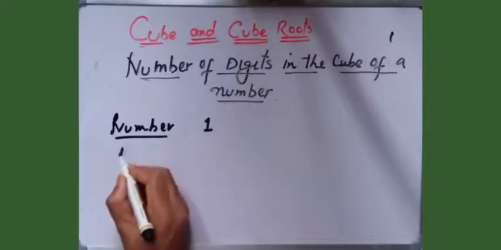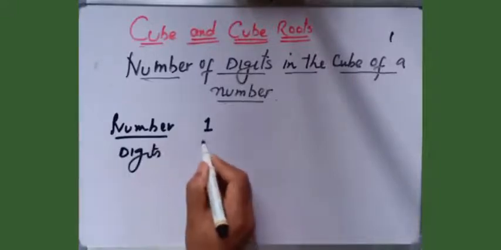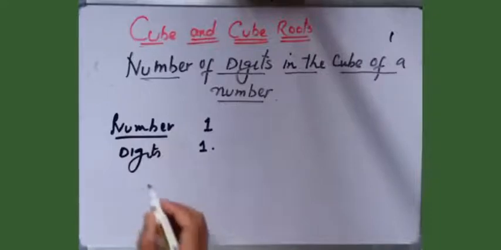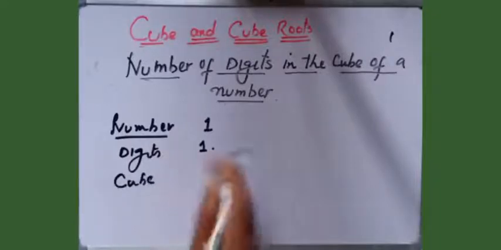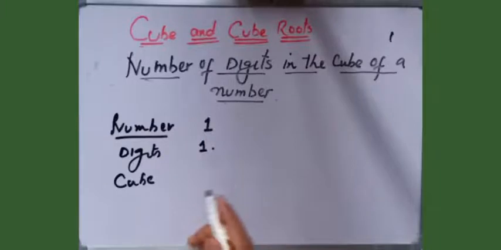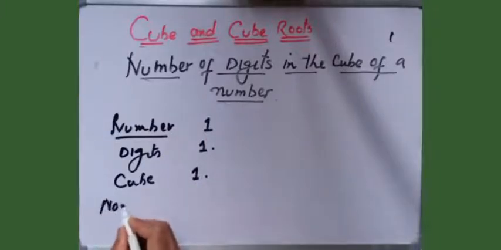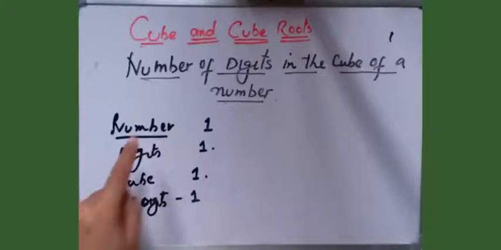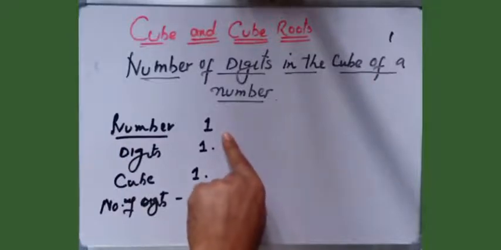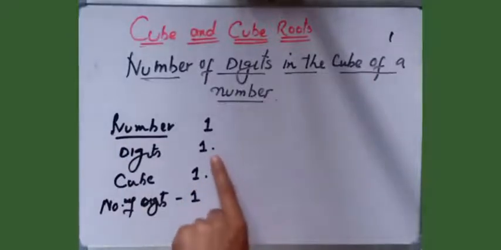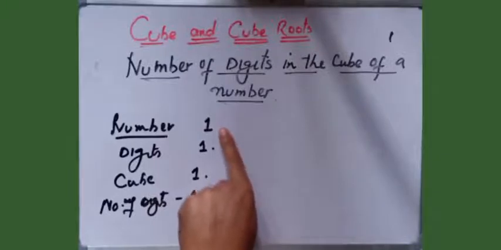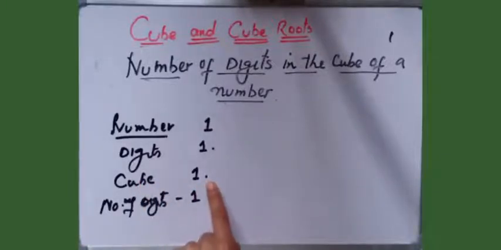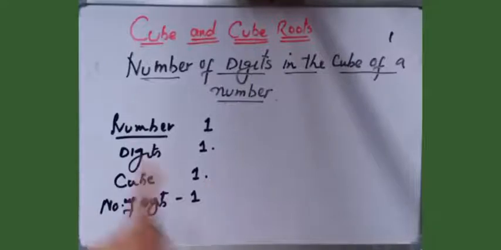Only one digit, right? Okay, so what's its cube? 1 into 1 into 1, that's 1 again. And the number of digits in the cube is again 1.